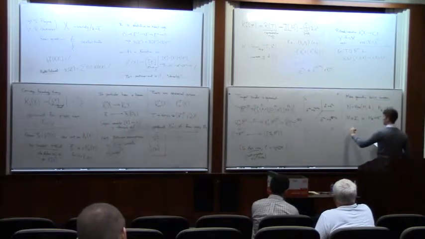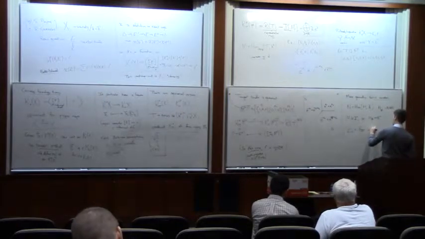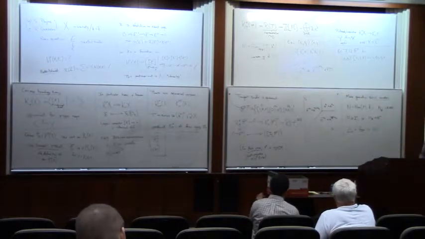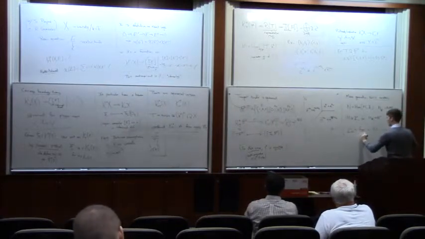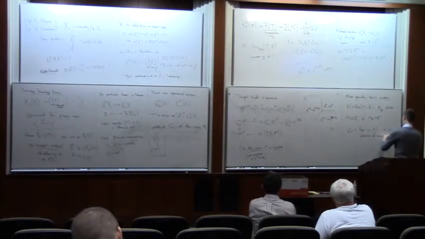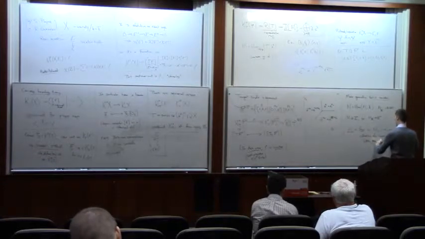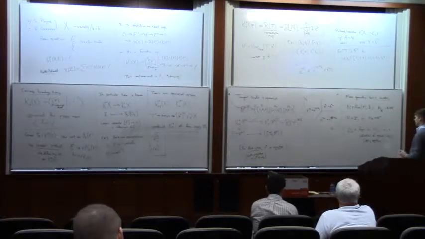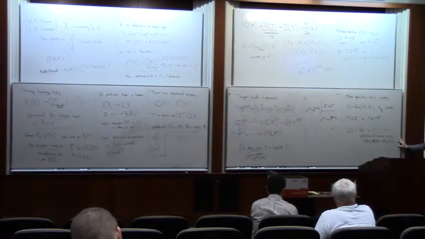Okay, so what you can do is take what's called a fan in N. And this is just a collection of convex cones that fit together along faces, basically just like a simplicial complex does.